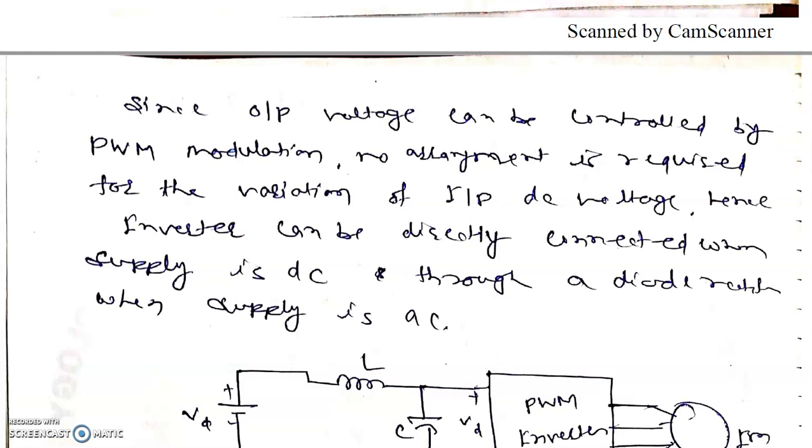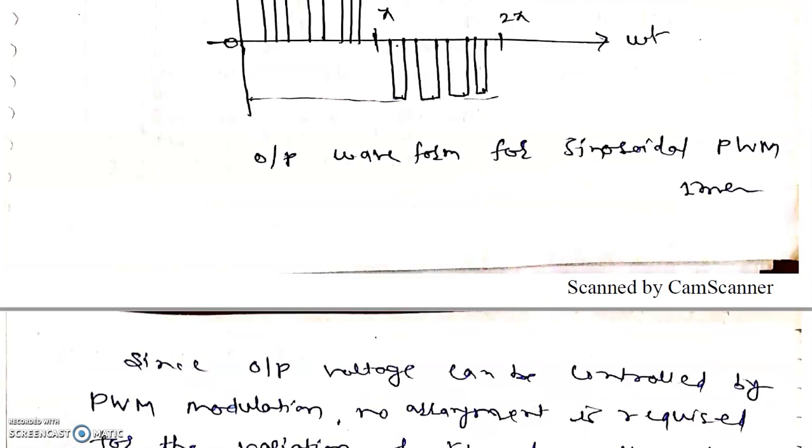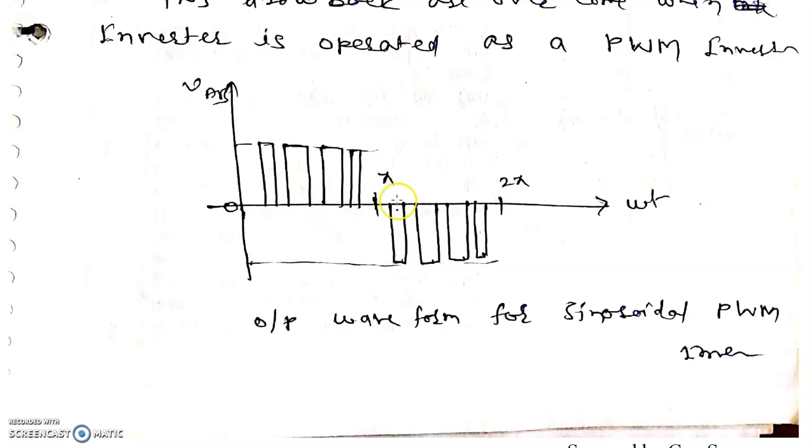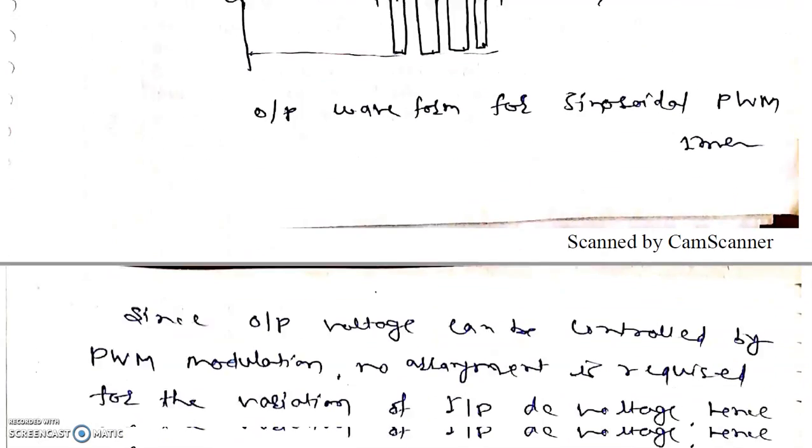As we know about pulse width modulation, by controlling the number of pulses and the modulation index of these pulses, we can control the level of the output voltage. So we have not varied the DC voltage; the output is controlled by the modulation index of the PWM inverter.